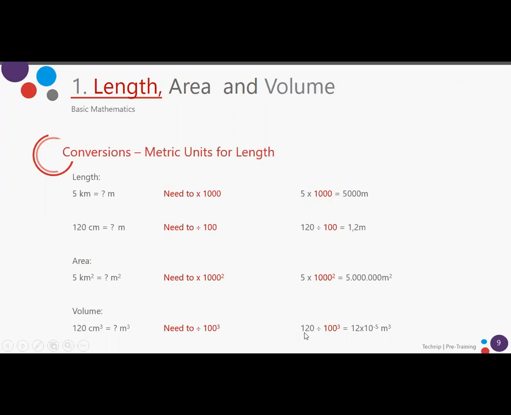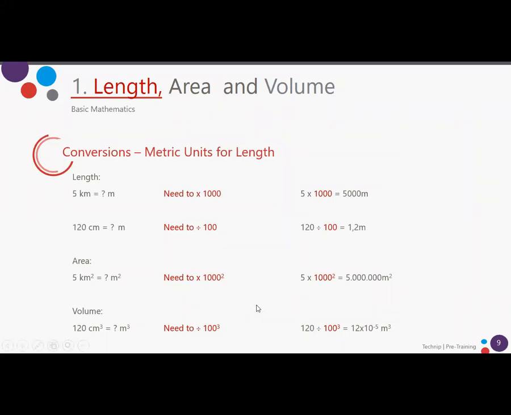So 120 divided by 100 cubed is equal to 12 multiplied by 10 to the power of -5 cubic meters. Okay, so that's the difference between length, area, and volume that you have to take into account: for area you have to square the conversion factor, and for volume you have to cube the conversion factor.